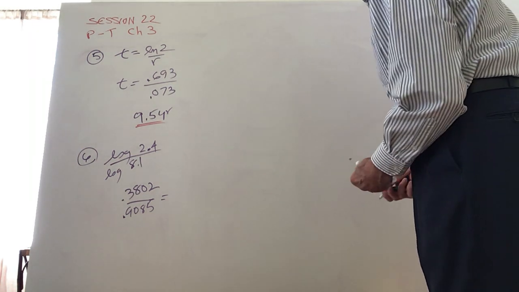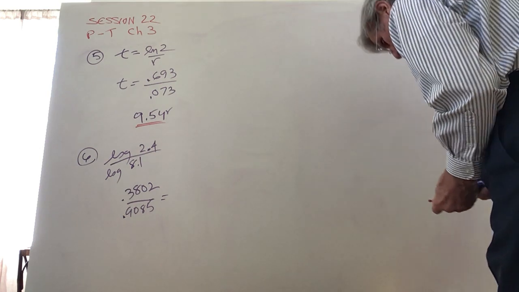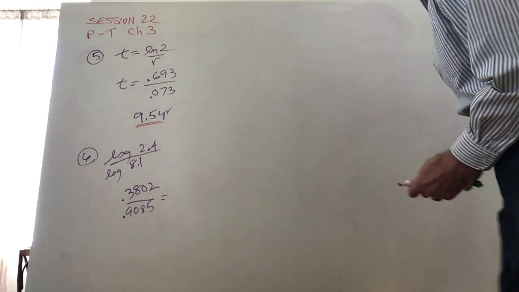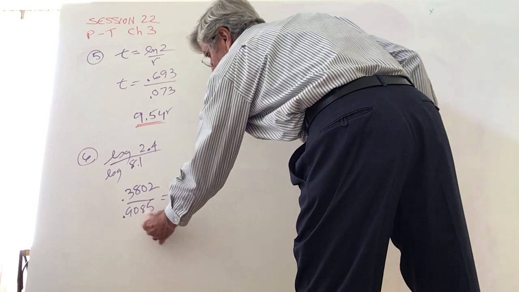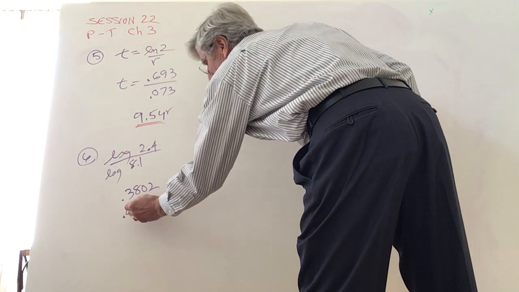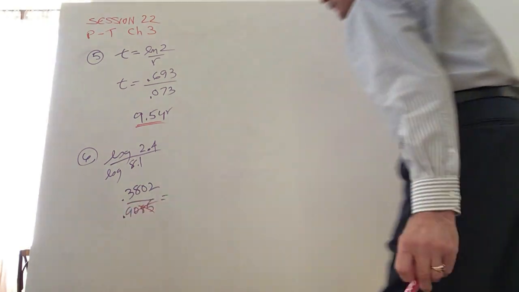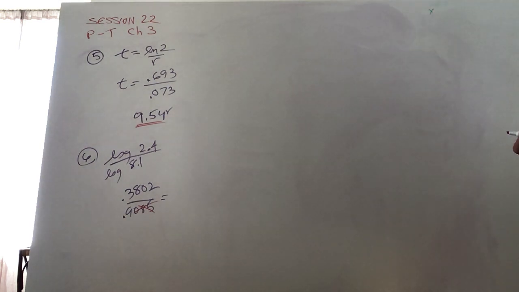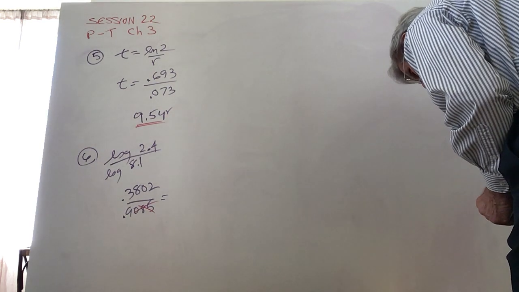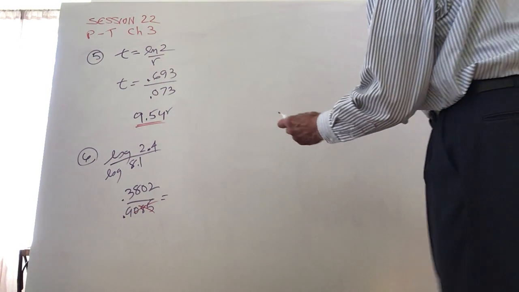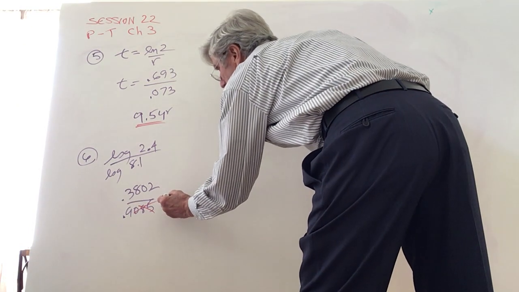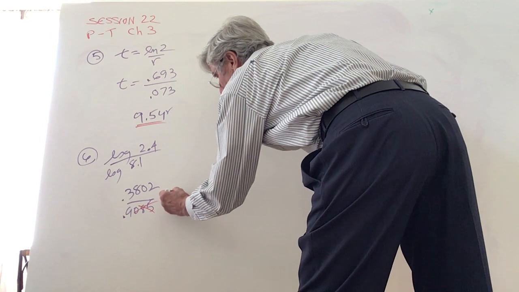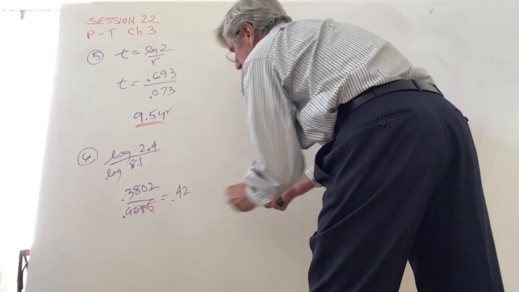I don't expect you to divide 0.3802 by 0.9085. Because 0.9085 is very close to 0.9, I would just eliminate that entirely and just divide by 0.9. Move the decimal one place above and below and do a bit of division there. When you do that, I think maybe 0.42 should be a good answer. Check to see if that's true, 0.42. And that should be a good answer for us.